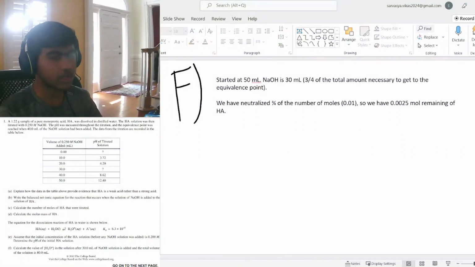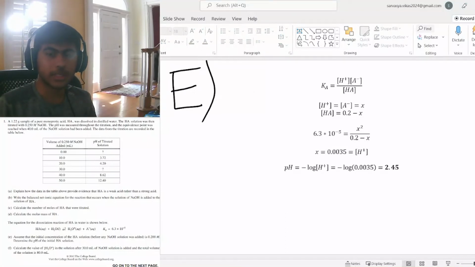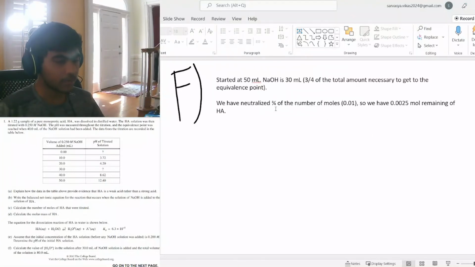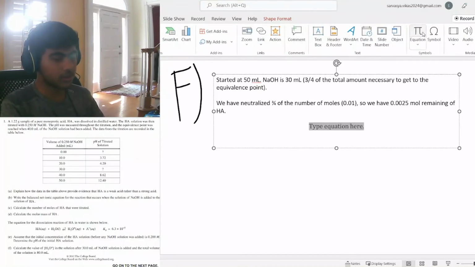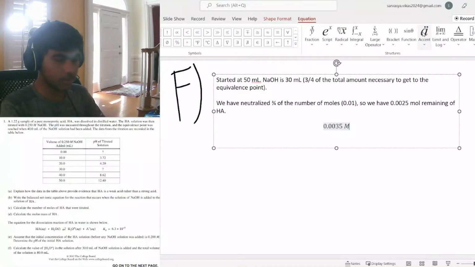Well, we can go back to part E, and we can see here that x is going to be 0.0035. That's our initial molarity. Let's put that in an equation: 0.0035 molarity times, well, how much solution do we have?